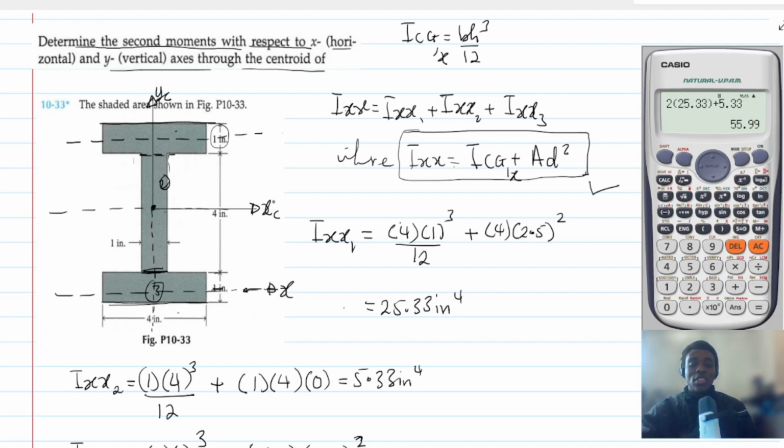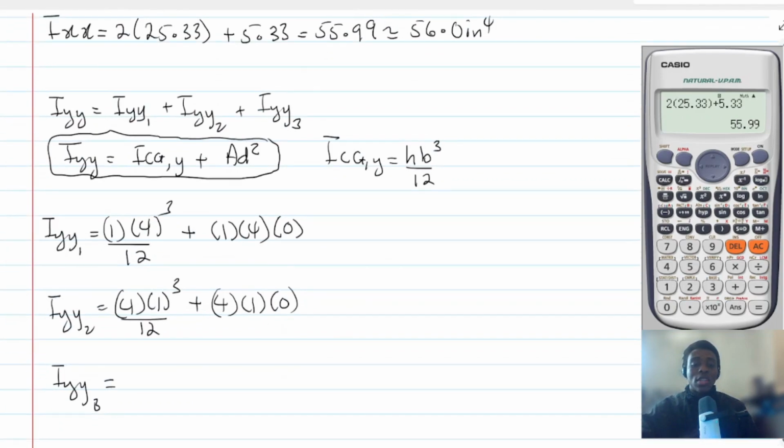But interestingly, for the second one, the centroidal x was coinciding with what? The actual. And that is the reason why when we went to here, it was 0. So I want you to always note this so that it will be easy for you. I could have just skipped it, but I'm writing it for you to know why it was 0. All right. So for the last one, we are not going to waste much time there.